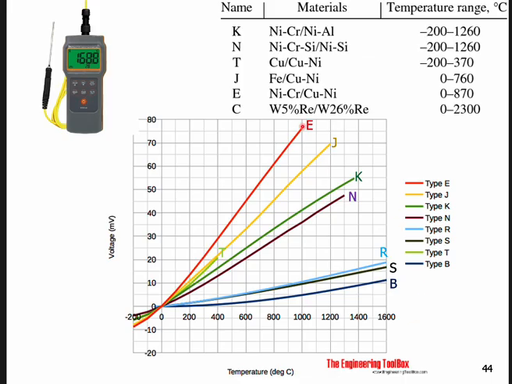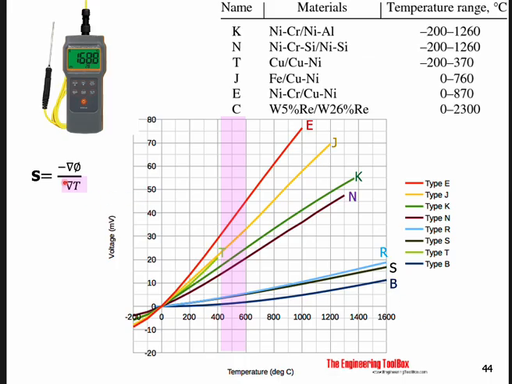So you can also see that we have different types of thermocouples, okay? And if someone wishes to measure temperatures between 400 and 600, which thermocouple offers the best temperature resolution?